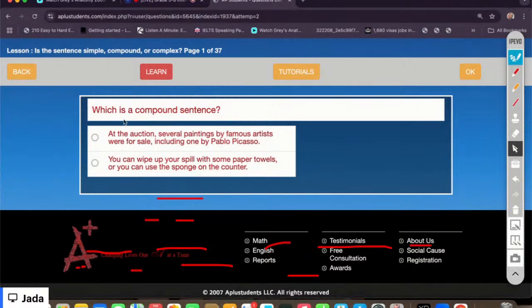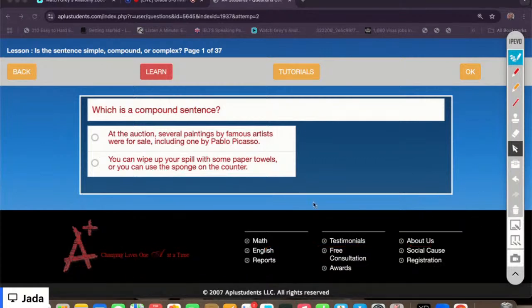All right, which is a compound sentence here? So we have two here. At the auction, several paintings by the famous artist were for sale, including one from Pablo Picasso. You can wipe up your spill with some paper towels, or you can use the sponge on the counter. So, what is the answer to this question? Is it option one or option two?